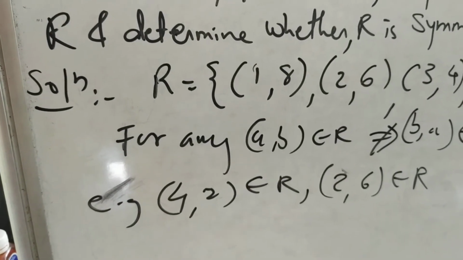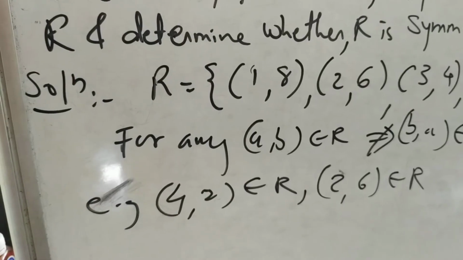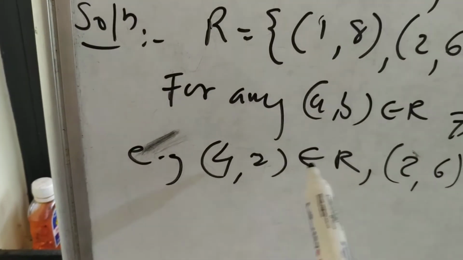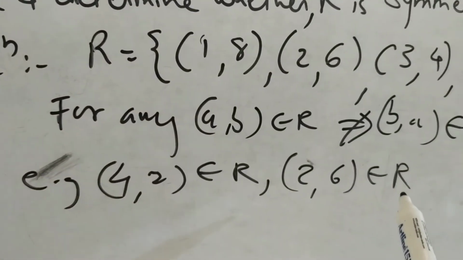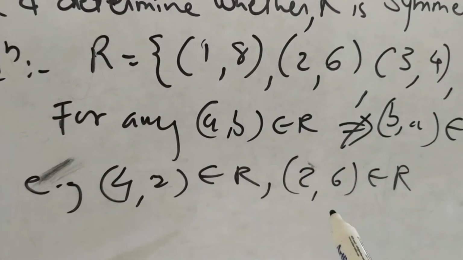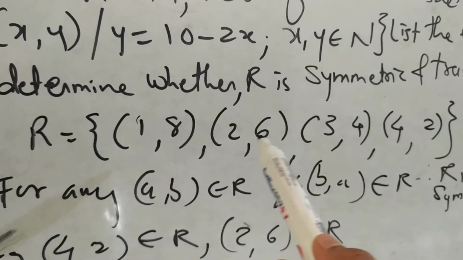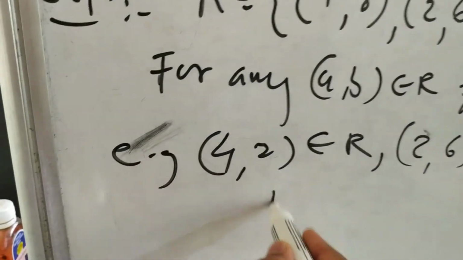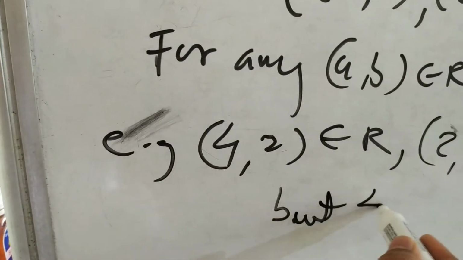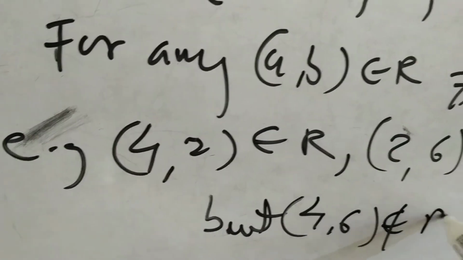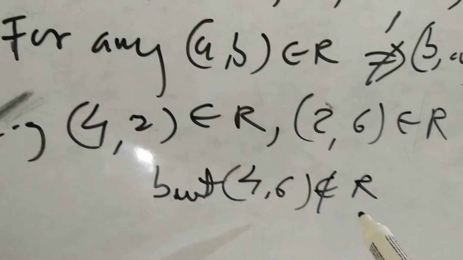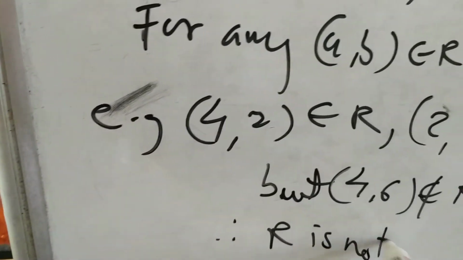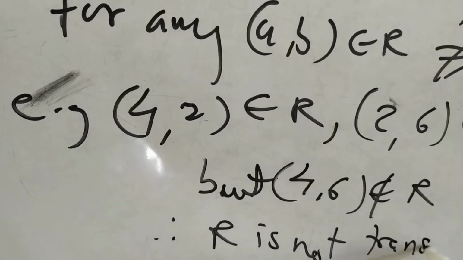If (a, b) belongs to R and (b, c) belongs to R, then (a, c) should belong to R. So if (4, 2) belongs to R and (2, 6) belongs to R, then (4, 6) should belong to R. But is there (4, 6)? No. (4, 6) does not belong to R, and therefore R is not transitive.